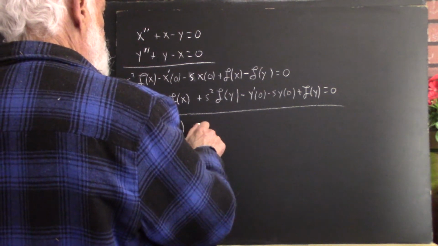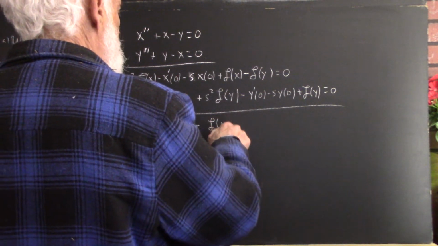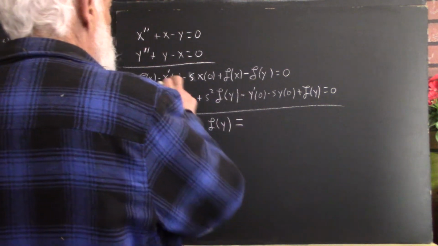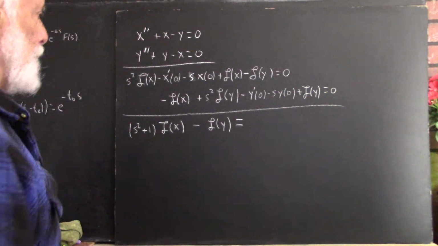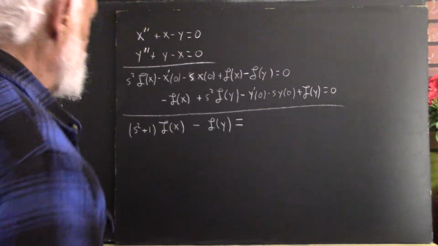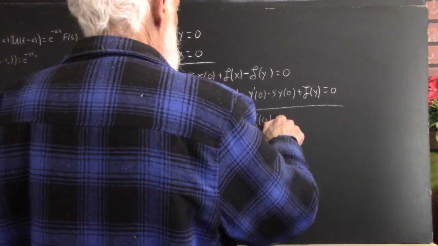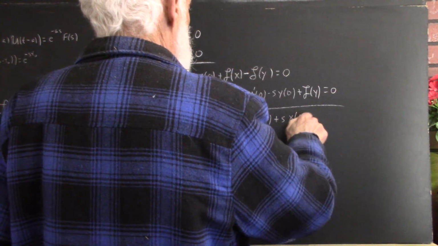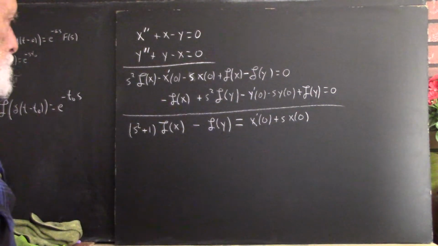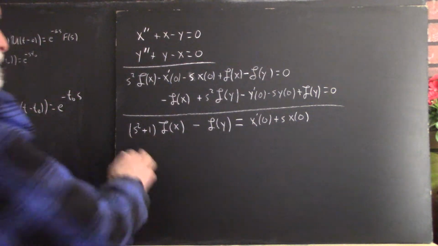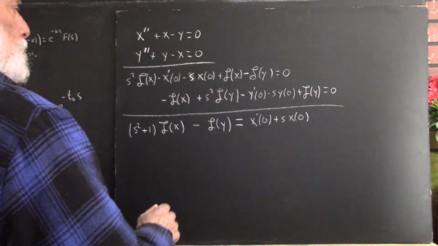And then we're going to have minus L of y. And then we just have numbers and s's, symbols, over on the right-hand side. That's going to be x prime of 0 plus s x of 0. And just giving us a good look at what we've got.